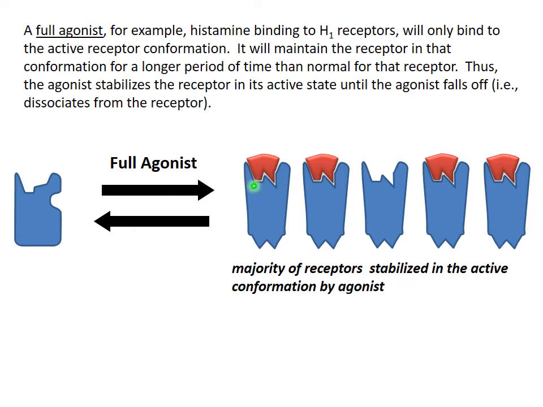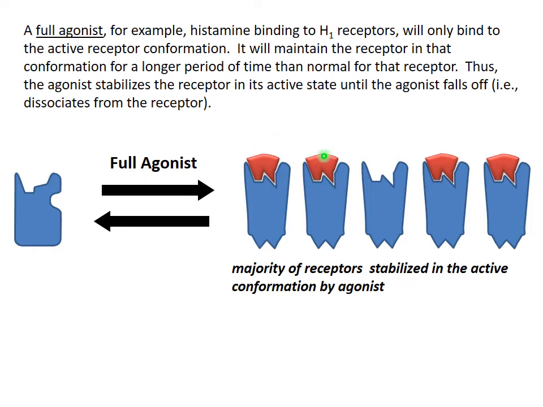So remember, if this one receptor, for example, were fluctuating between inactive and active, inactive and active, and we had an agonist or full agonist that bound to it in this conformation, because it has a matching shape, but also matching or complementary chemical bonds, it will lock it there for some period of time longer than normal.